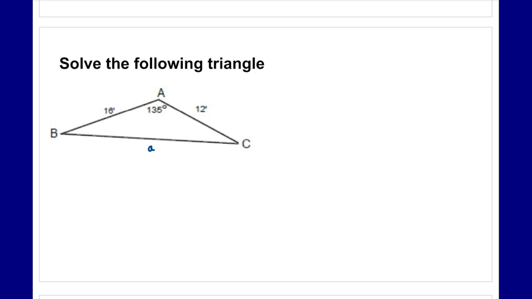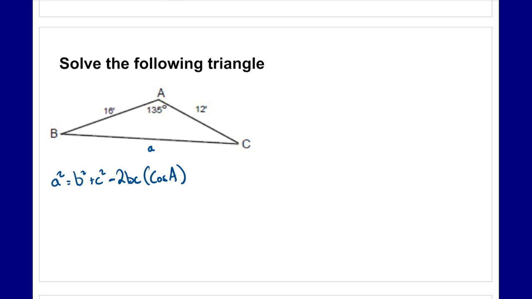So I'm going to use my formula to help find that side. It really doesn't matter what formula we use, going back to that previous page, as long as the side that we're solving for is across from, or paired with, the angle that we have.